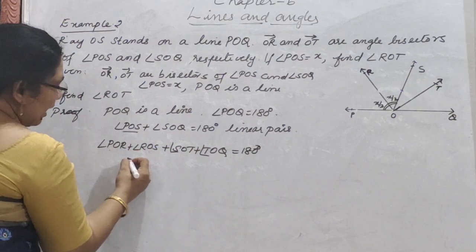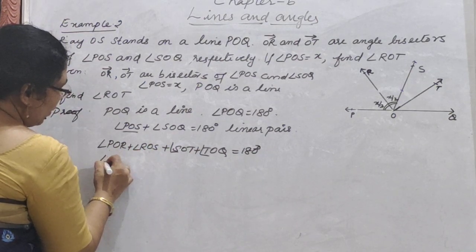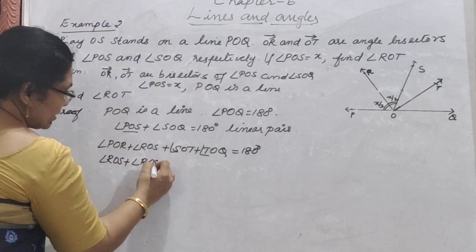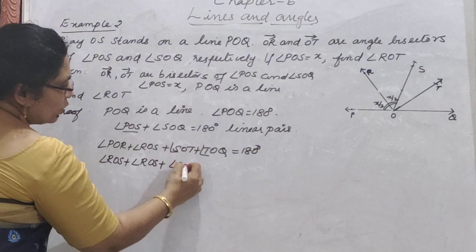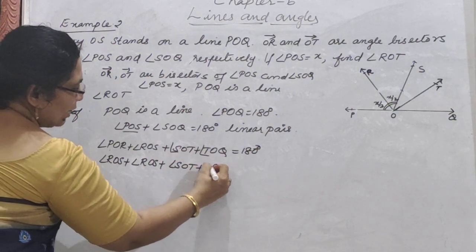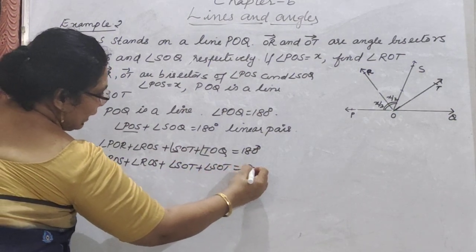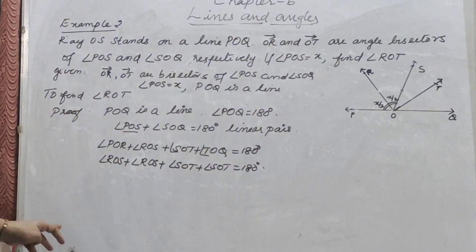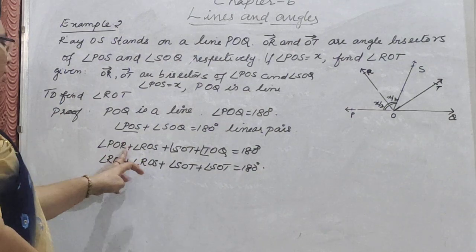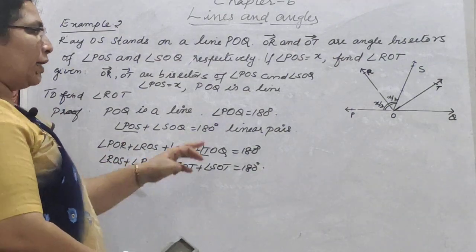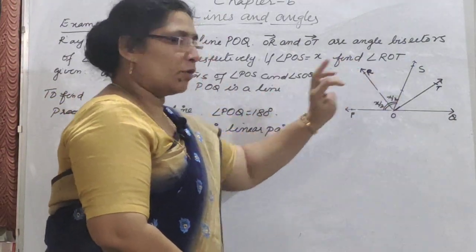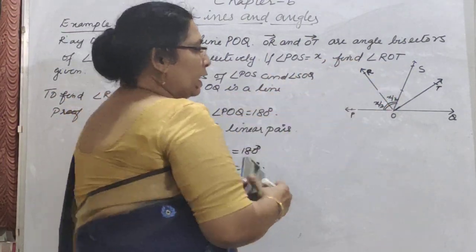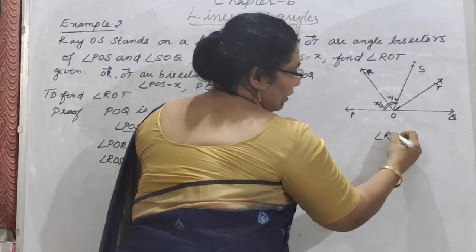So for this I'll write 2 times ROS, or I'll write ROS plus ROS. Similarly SOT plus angle SOT equal to 180 degree. What is the reason here? I have written here bisector property. Just check the diagram. I have taken POR equal to ROS only because we need angle ROT value.